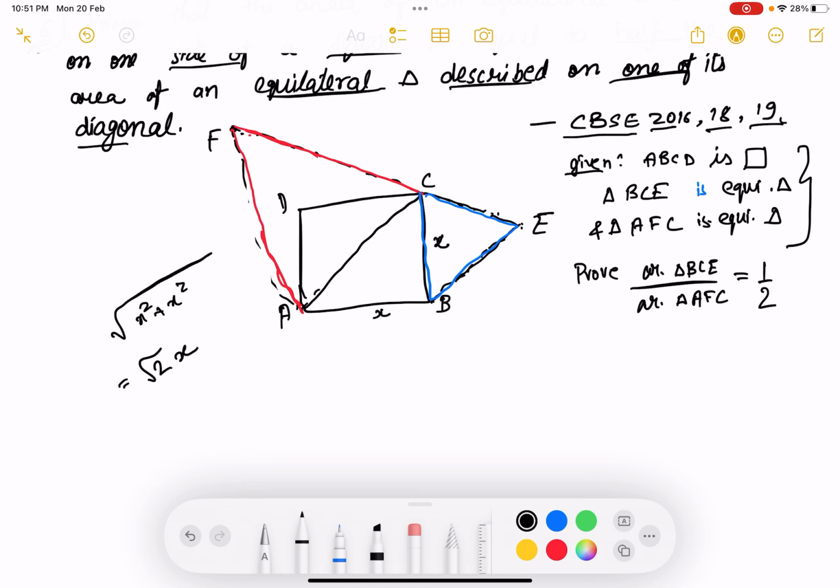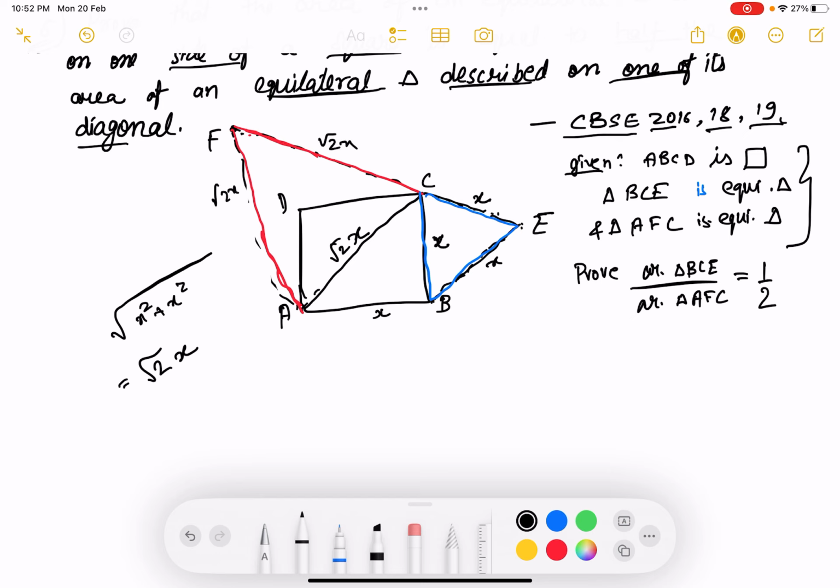So this side would be root 2x. And if this is x, then this side is also x, because the blue triangle is equilateral and the red triangle is also equilateral, so this side will also be root 2x and root 2x.